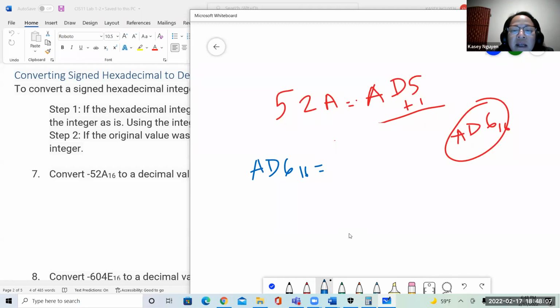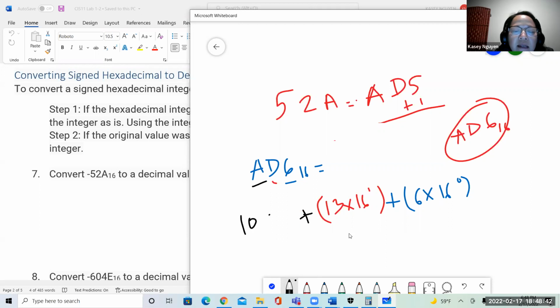So we're going to start with the last digit on the right. So we would have 6 times 16 to the 0 power. And we're going to add it with the next digit, which is D, and D, we learned, is 13. So we would take 13 times 16 to the first. And then we are going to add it with A, which is going to be 10 times 16 to the second.